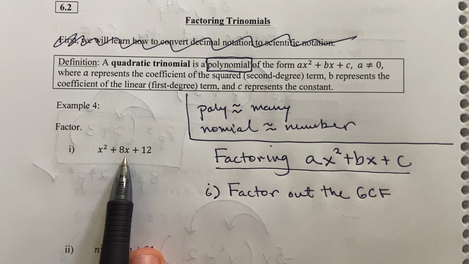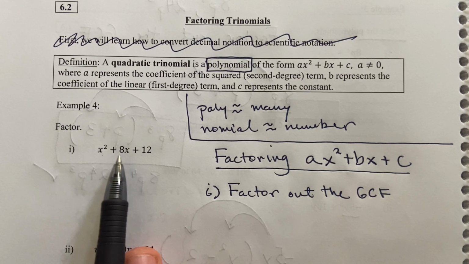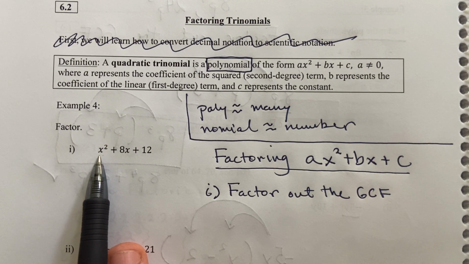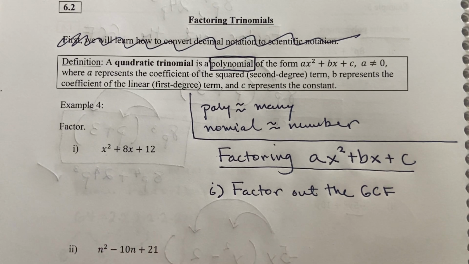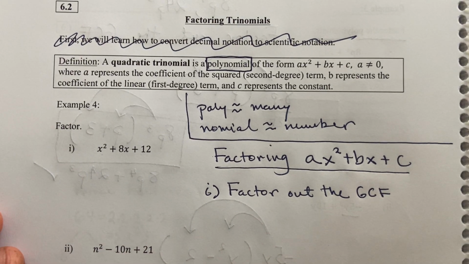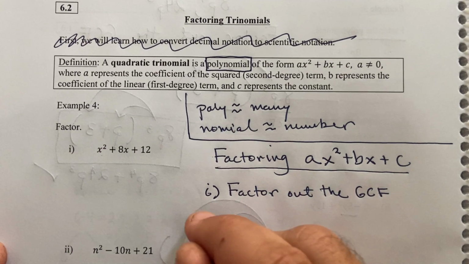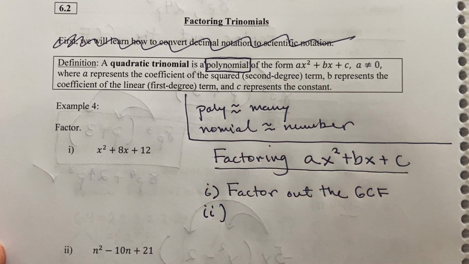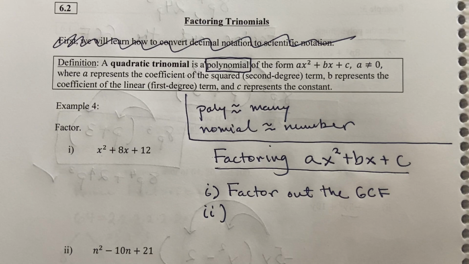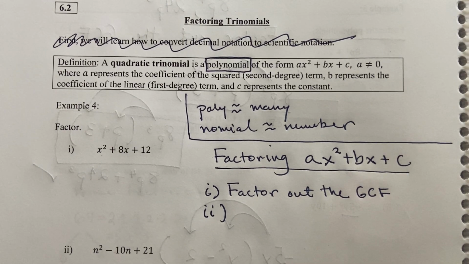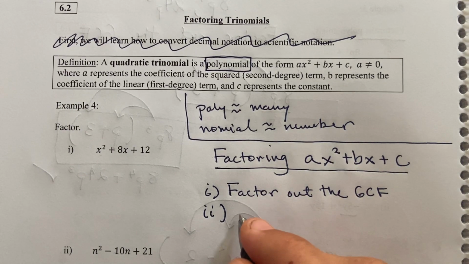They're also divisible by 4. But this term is not, right? This does not have a 4 or a 2 as a coefficient. So I cannot factor out that 4. So actually in this case, step 1 here is already done. There's nothing there to do in this case.